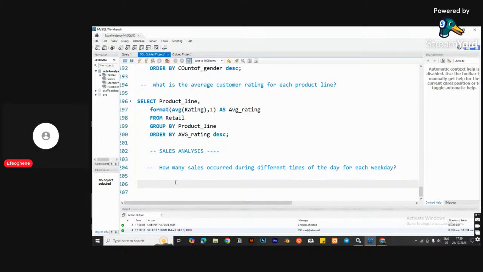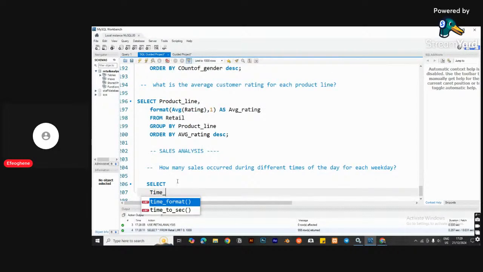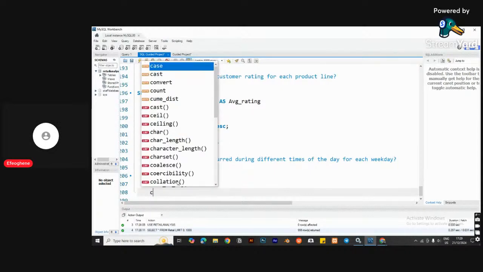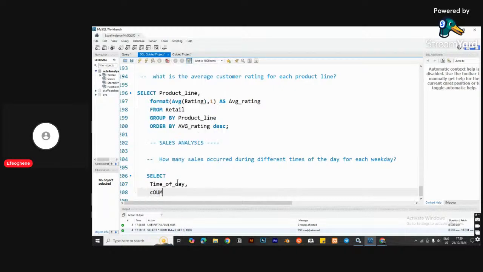So we use our keyword SELECT, time of day. We use the count function because we need to count all sales that were made for different times of the day.